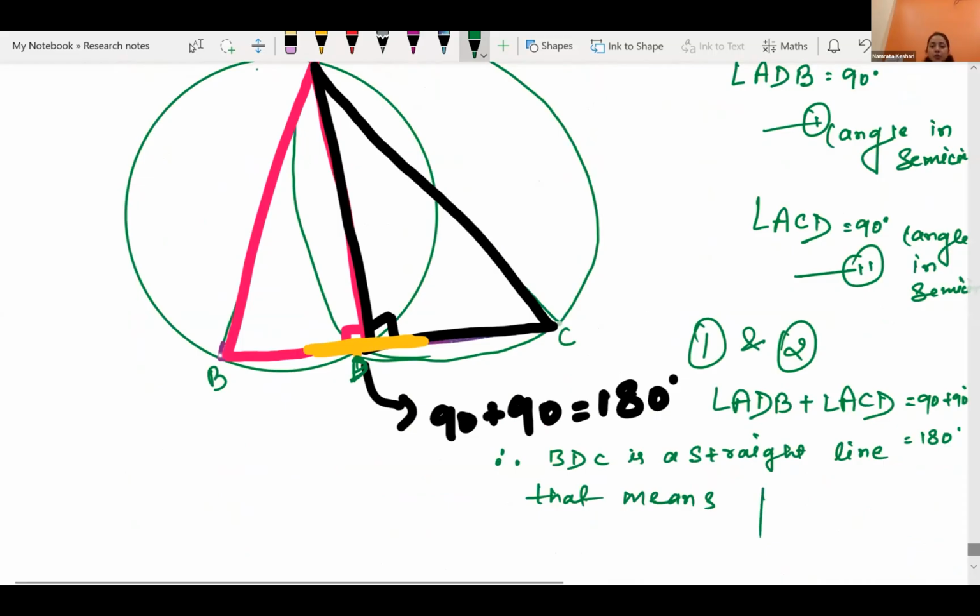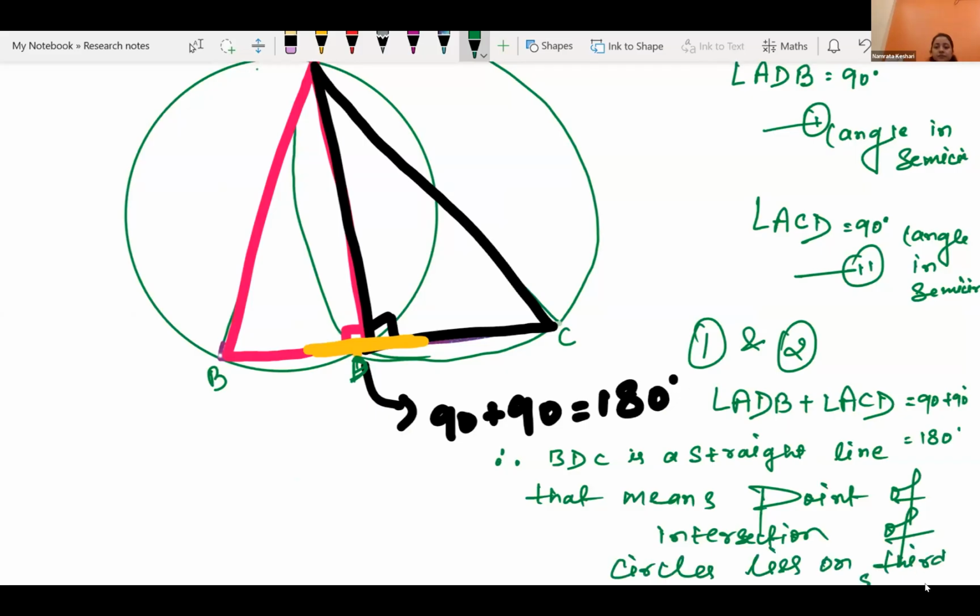That means the point of intersection of the circles lies on the third side of the triangle. Is it clear to all of you?